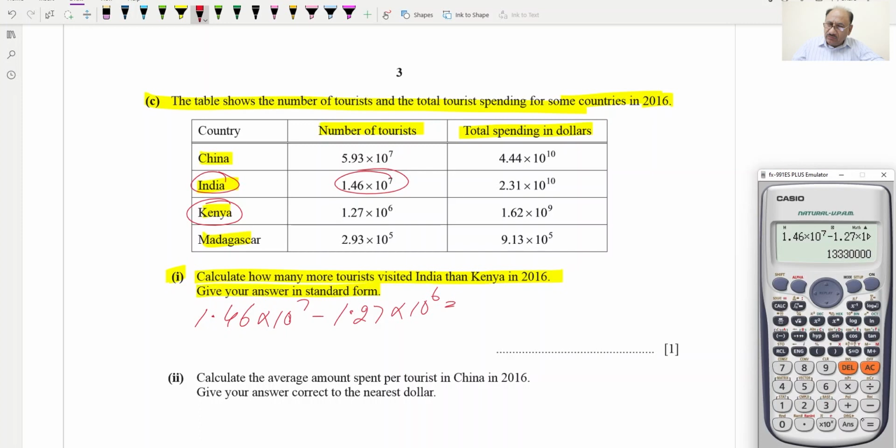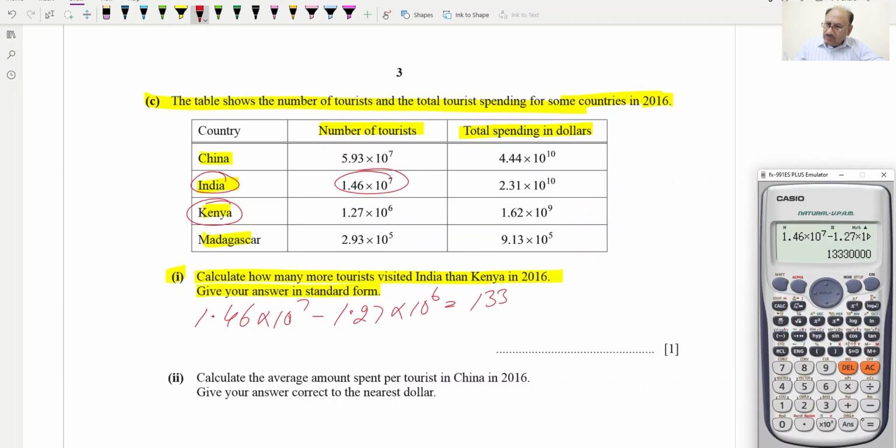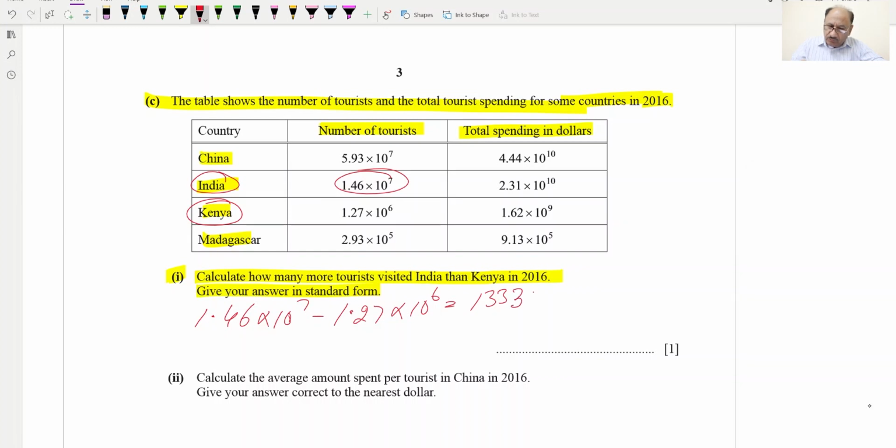So the answer is 1,333 with 4 zeros. Okay, now we have to provide standard form.